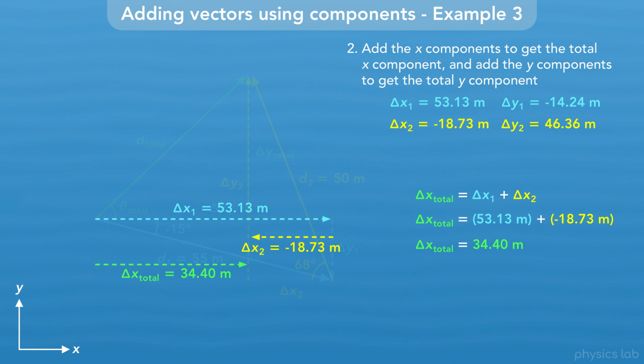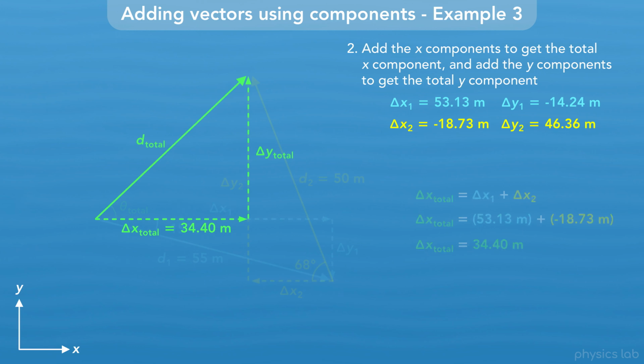Drawing the vectors and components can help us see what's going on, but the numbers take care of things for us. We ended up with a positive 34.4 meters for delta x total, which is the correct value and direction. Now let's find the total y component.